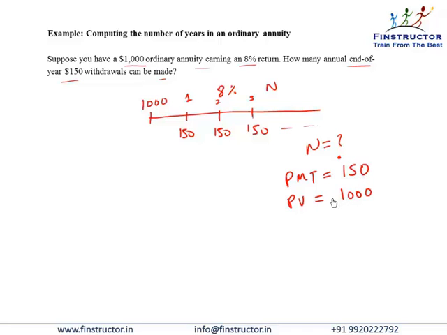So you either enter PV as negative, that is, you're implying that you've invested $1,000 and now you're receiving $150 every year, or you enter PV as positive but then enter PMT as negative in order to get the right answer. So the interest rate per period is given to be 8% in the question, and I don't want to be left with anything at the end, so FV is equal to 0. And we can compute N.